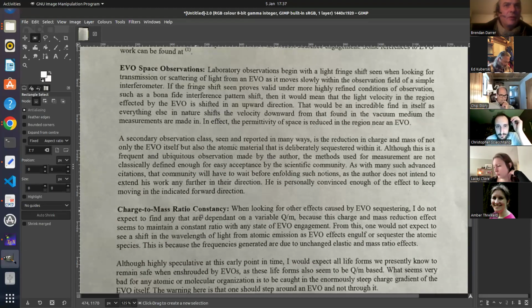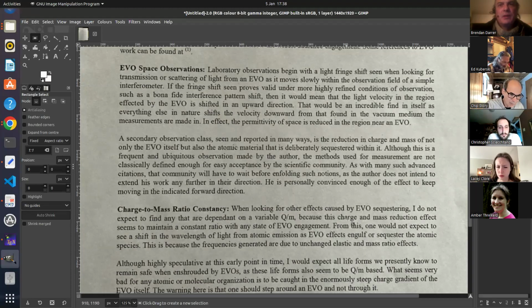Charge to mass ratio constancy. When looking for other effects caused by EVO sequestering, I do not expect to find any that are dependent on a variable Q over M, charge over mass.